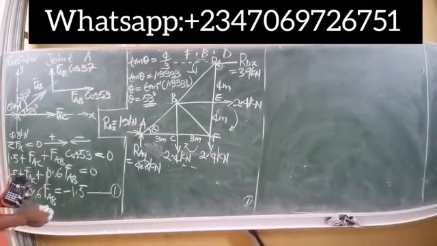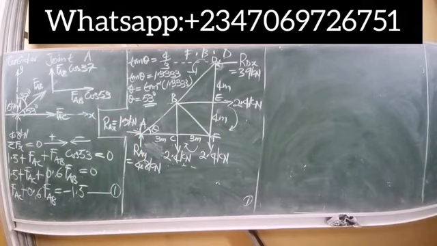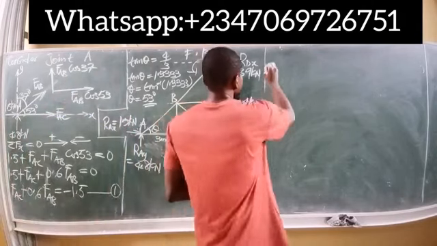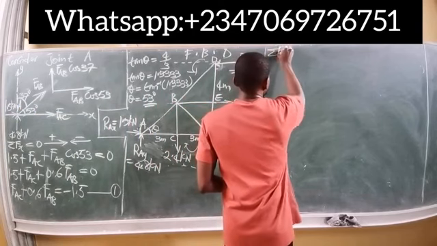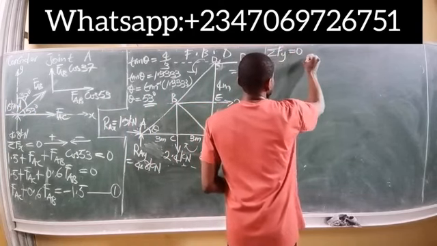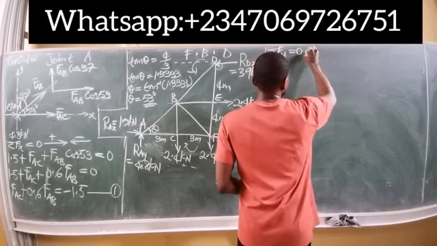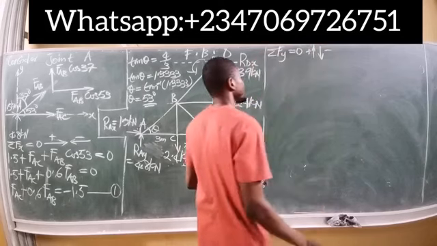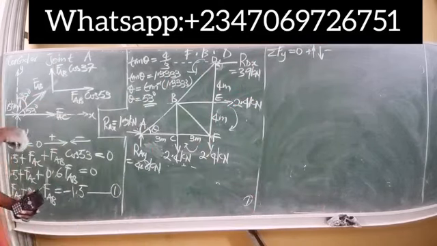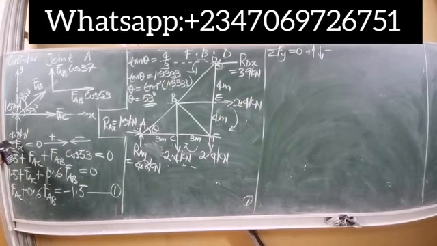All right, so next is to what? Take the second equilibrium law, the summation of vertical forces, and equate it to 0. So the summation of Fy for that same joint is equal to 0. Consider vertically upward forces as positive, downward forces as negative. On this joint, we have a 4.8 kilonewton force pointing upward, so it's positive.